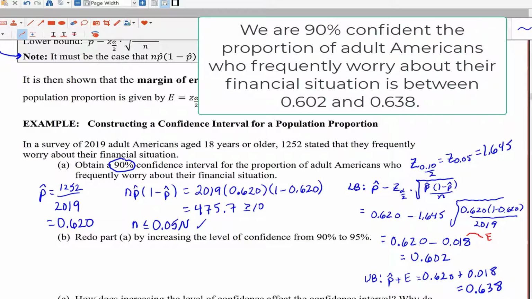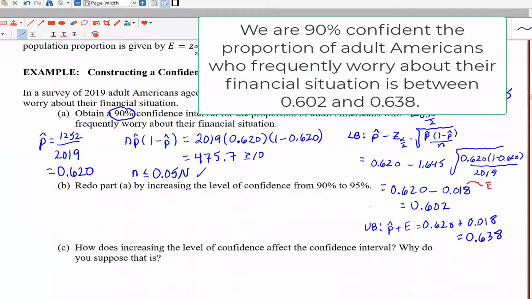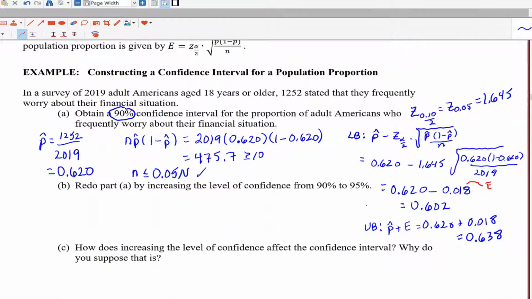We would say we are 90% confident the proportion of adult Americans 18 years or older who frequently worry about their financial situation is between 0.602 and 0.638.